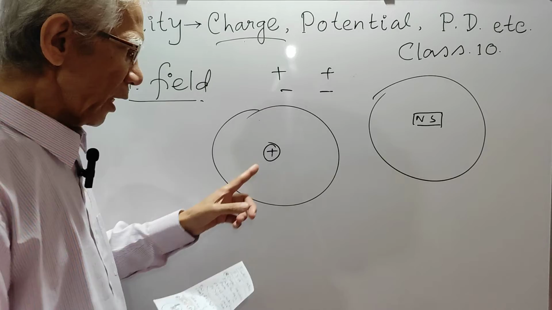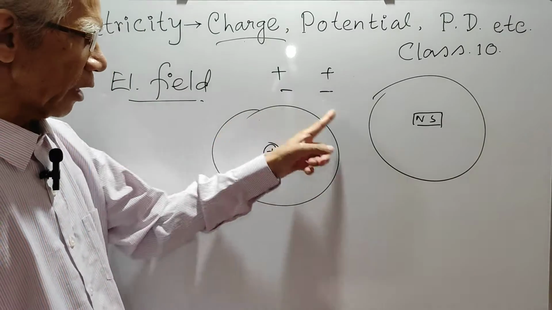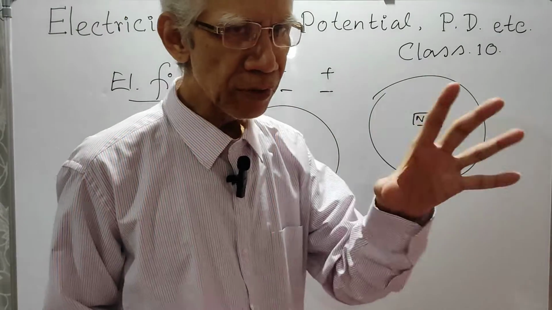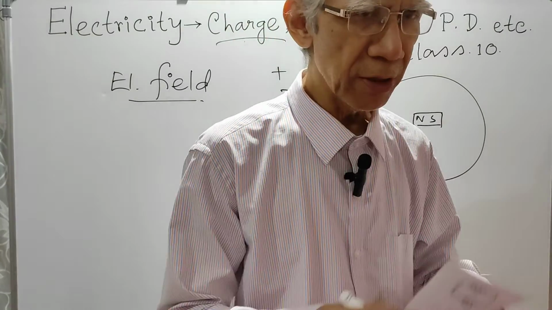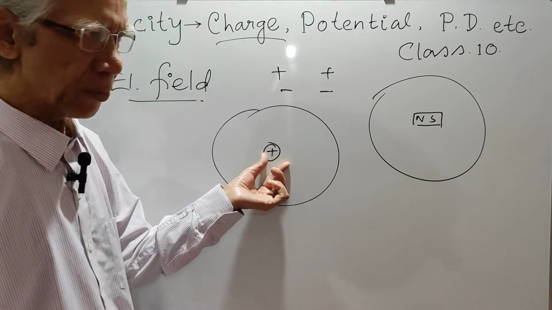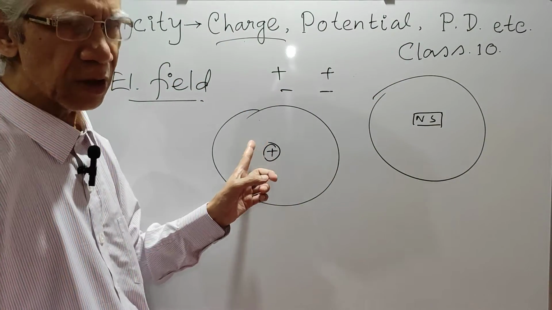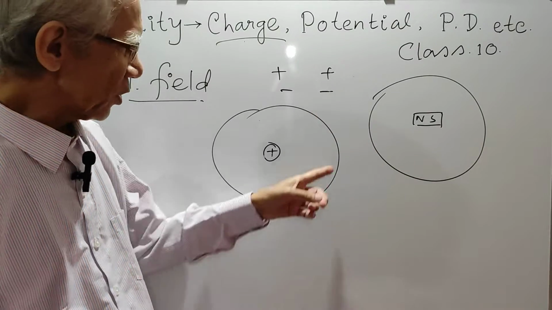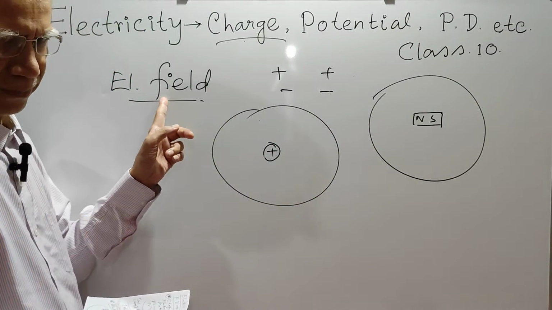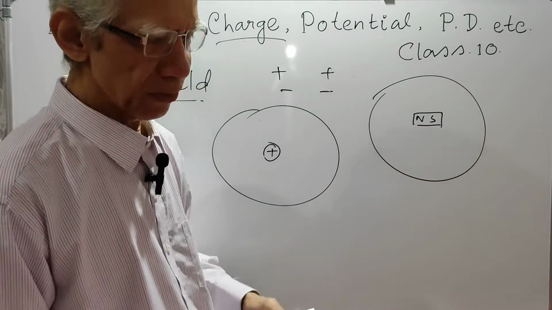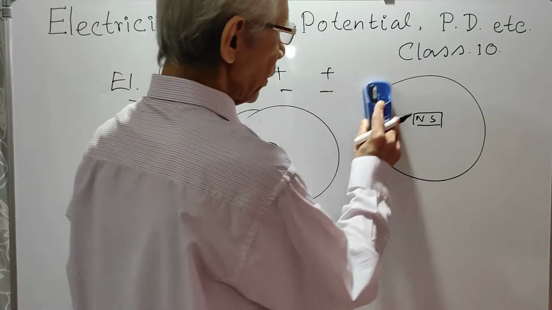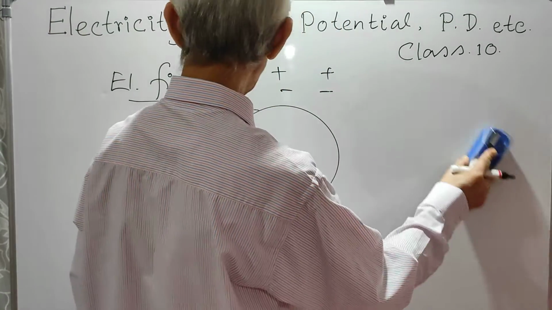All right. Now this is a positively charged body. Around it, it has a zone of influence, a space inside which this positively charged body can attract a negative charge or repel a positive charge. So this is called electric field, just like a magnet has a magnetic field. All right. Now, how will you define electric field?